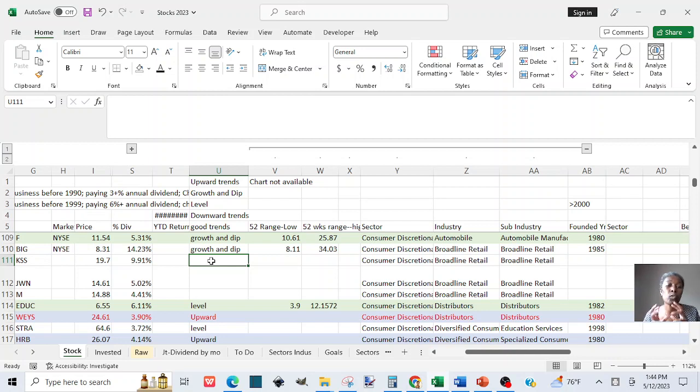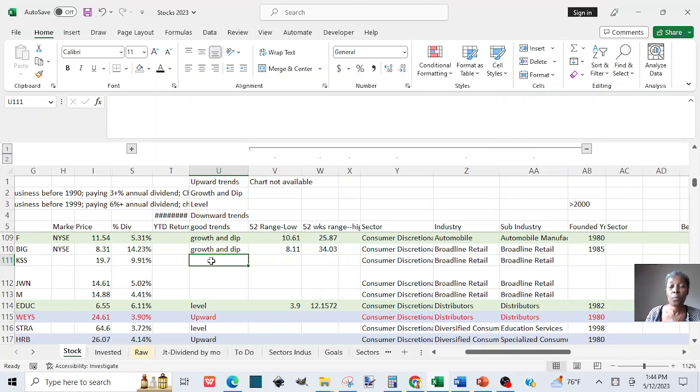You are looking for an upward trend, because with an upward trend, even though your money is there and you are earning dividends, your money is going to appreciate in value. So pretty much the stock is going to appreciate in value.